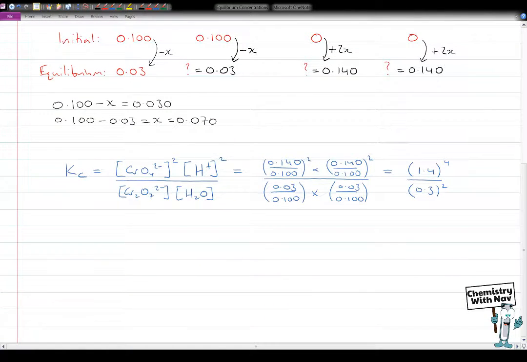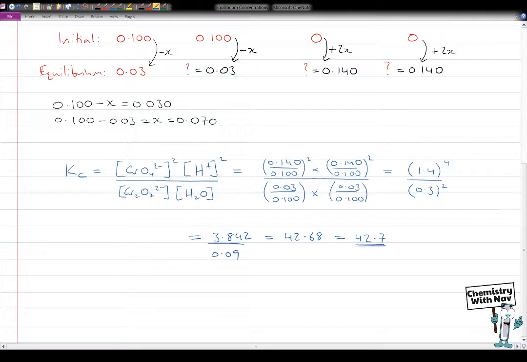And if we calculate that, that ends up as 3.842 over 0.09, which is 42.68, but we report this to three significant figures, so 42.7.